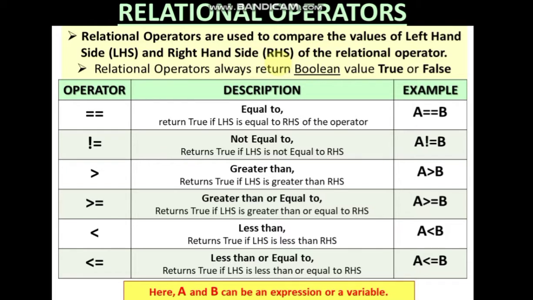But here we use relational operators where we use double equal to check whether the left hand side variable is same as the right hand side variable or not. That is, the left hand side value or the operand or the object's value is same as the right hand side value or not. So for that we use double equal to.